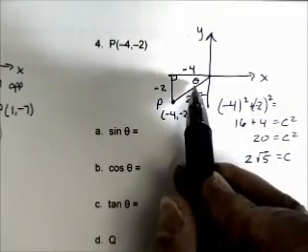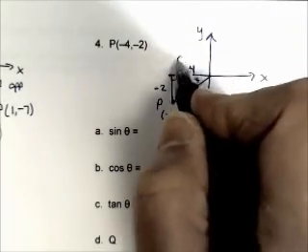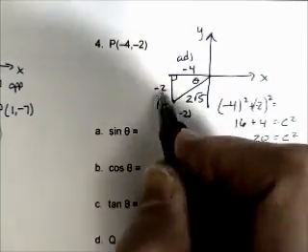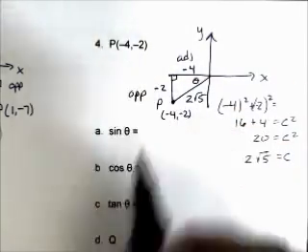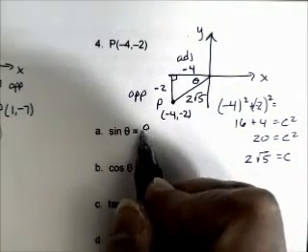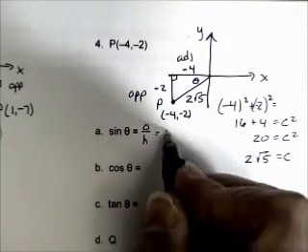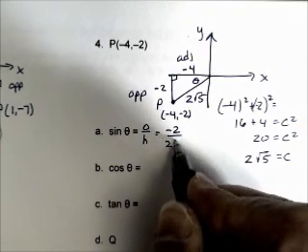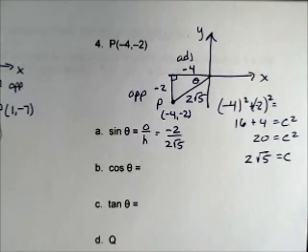In relation to theta, the negative 4 is the side adjacent, and negative 2 is opposite. Sine of theta is opposite over hypotenuse. Negative 2 over 2 square root of 5. Why does this look so familiar? 16, 4 is definitely 20.